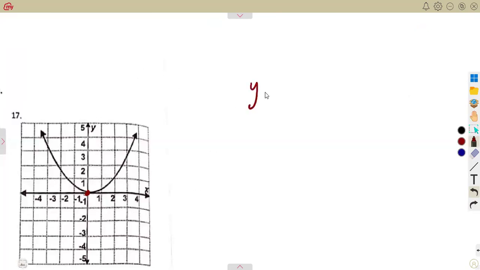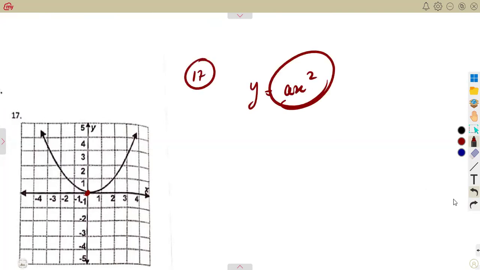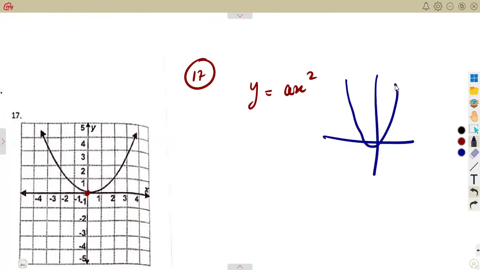This is the format of y is equal to ax squared. It's not even going to cross the x-axis, so there are no x-intercepts that you can consider.